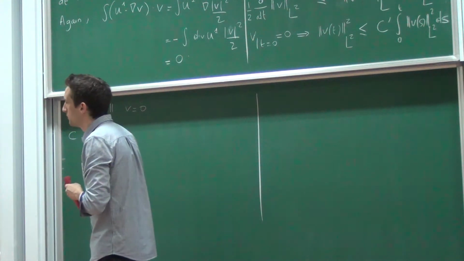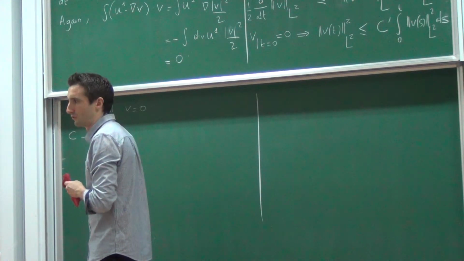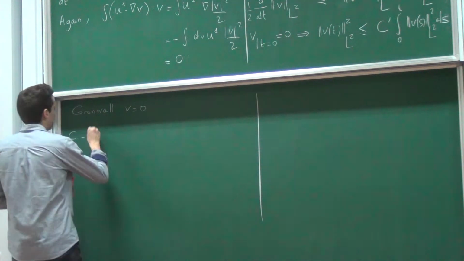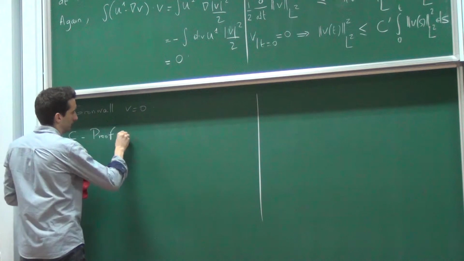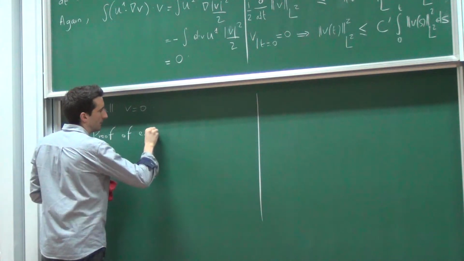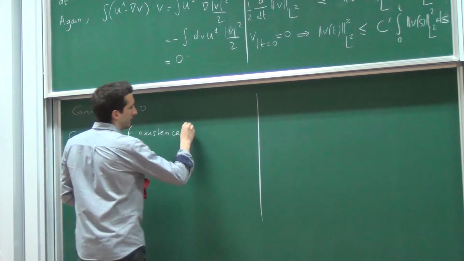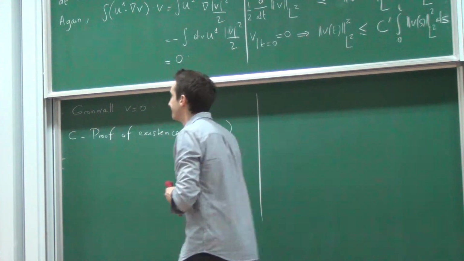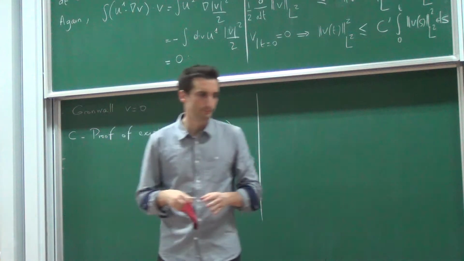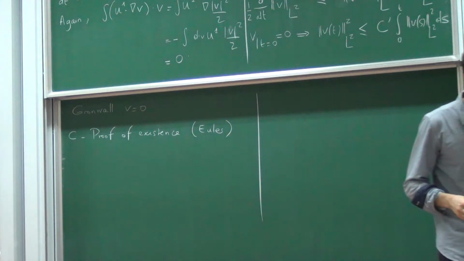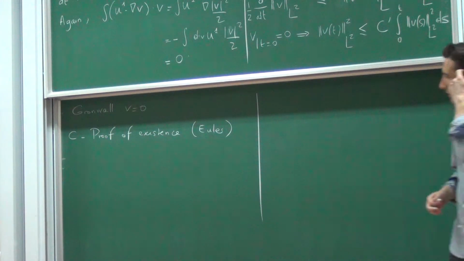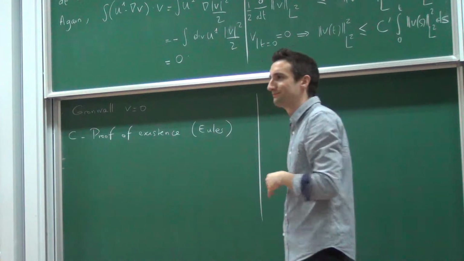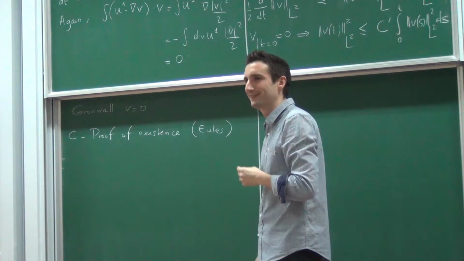So now let me show you existence of a local in time solution. Again, I will focus on the Euler case. This proof, again, is classical in this field.